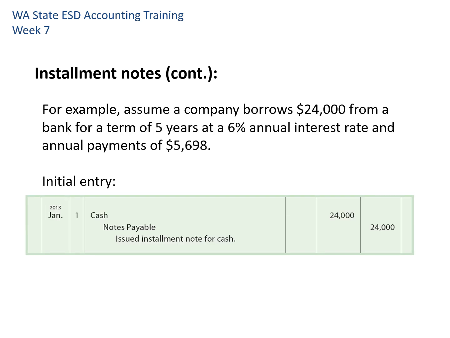So when we borrow the money, in this case we borrow $24,000 from a bank for 5 years at 6%, the bank is going to use a formula to determine that those terms would result in, in this case they're making annual payments, not monthly payments, an annual payment of $5,698. So the initial entry when we borrow the money is we debit cash and credit note payable. We've done that before.